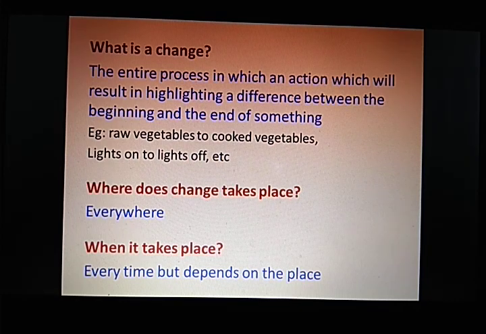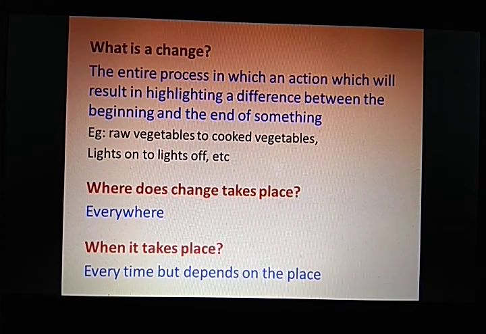Before, the driving force was existing, and after the process got over, the driving force is not there, but the driving force has made a difference. What's the difference? Before the application of that force, lights were on. And after the application of that force, lights are off. So this is what we call a change.